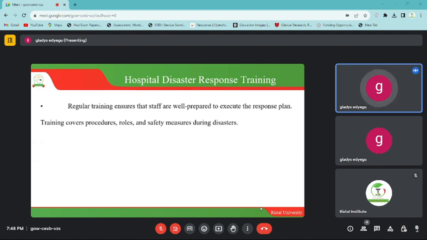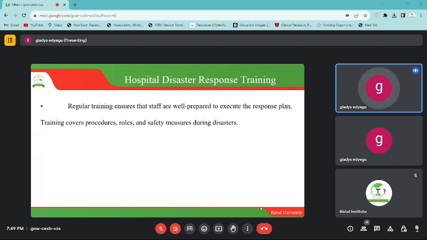So training covers procedures. You need to let them understand what procedures they have to follow, or what procedures take place during that time of disaster. Then they also need to know their roles, and we talked about sound leadership, whereby there should be a commander in that command or control system of response. So we need to know the different roles. Every staff has to know his role and his responsibility in relation to disaster preparedness and safety measures during disasters.